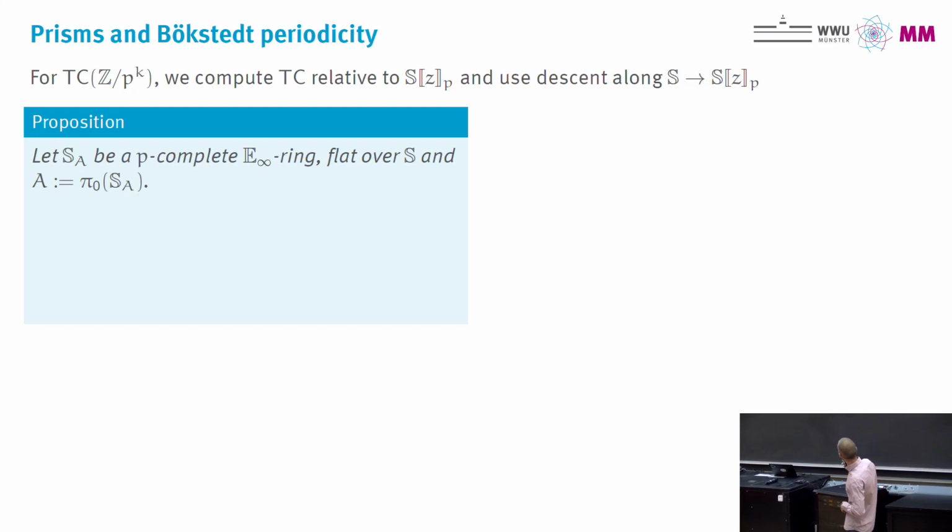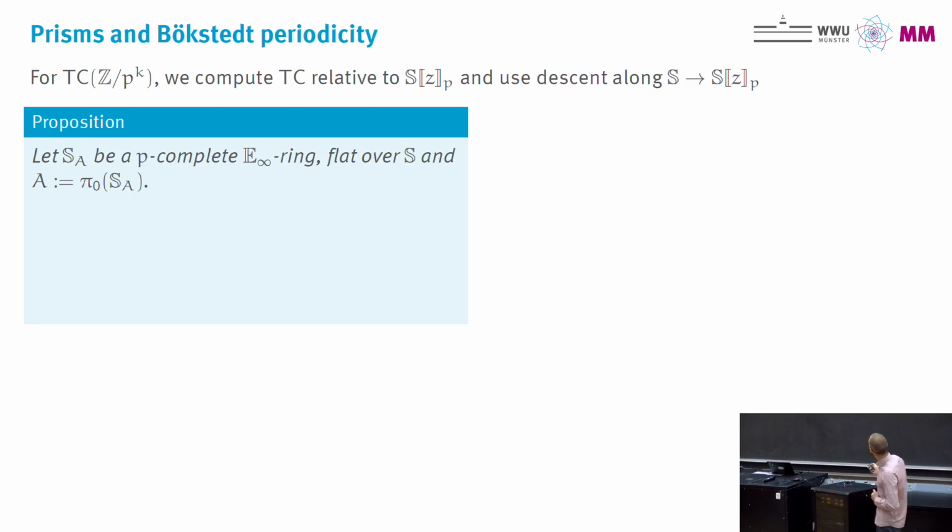Suppose we have a ring spectrum, which I call SA, which is a p-complete E-infinity ring, which is flat over the sphere. I'm denoting it SA because I think of it as a sort of fluffy lift, a deformation of the ring A. I have this ring A, pi naught, and then it's a flat deformation of that ring over the sphere. That's the way I think about it.